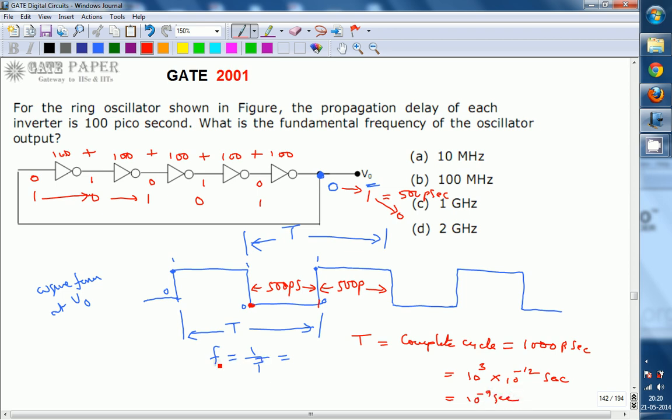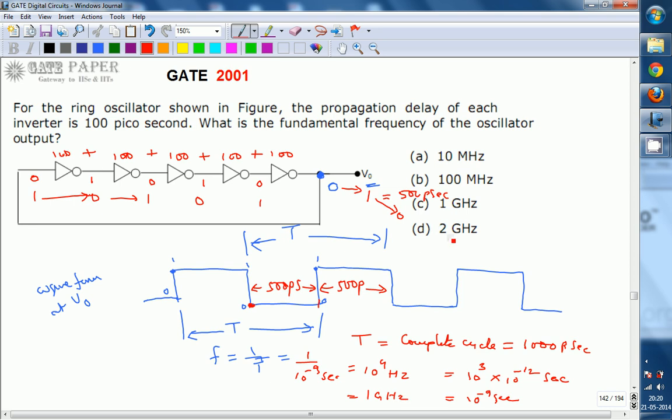So frequency is 1 by 10 power minus 9 seconds, which is 10 power 9 hertz, that is 1 gigahertz. So the fundamental frequency of this oscillator is 1 gigahertz.